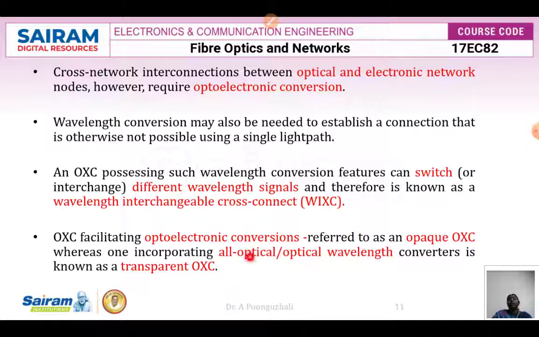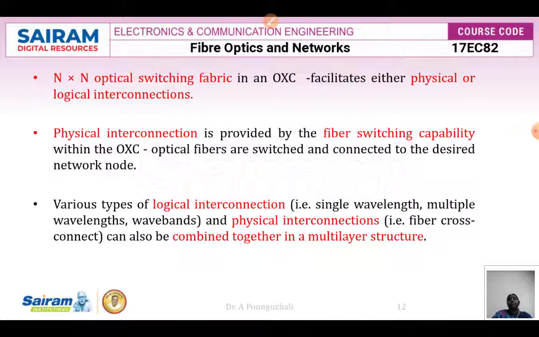If it is only optical to optical wavelength converters, it is known as a transparent optical cross connect. An n cross n optical switching fabric in an optical cross connect facilitates either physical or logical interconnections. A physical interconnection is provided by fiber switching capability, that is, the fiber switching is done within the optical cross connect. So the optical fibers will be switched and connected to the desired network node.